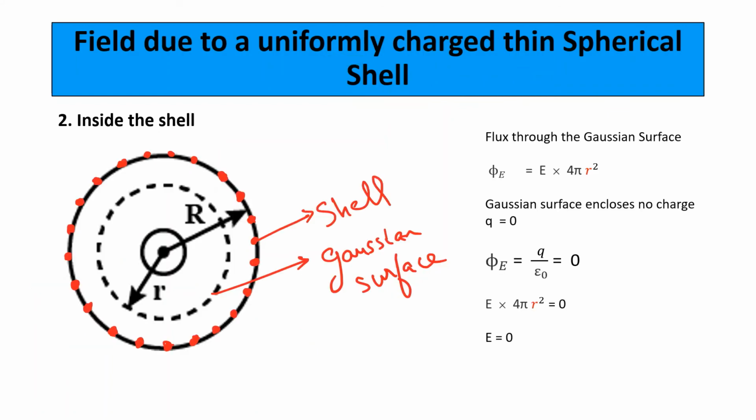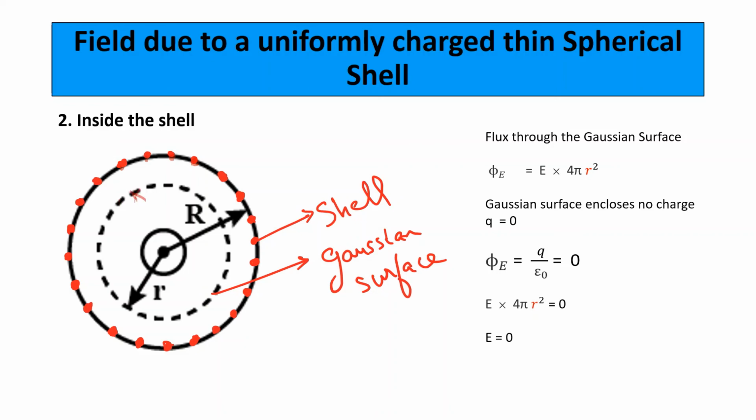Let us find out the electric field due to a uniformly charged thin spherical shell for inside the shell. This is the shell and charges are residing on the surface of the shell. We need to find out the electric field inside that shell. To find the electric field inside the shell, you need to draw the Gaussian surface inside the shell.